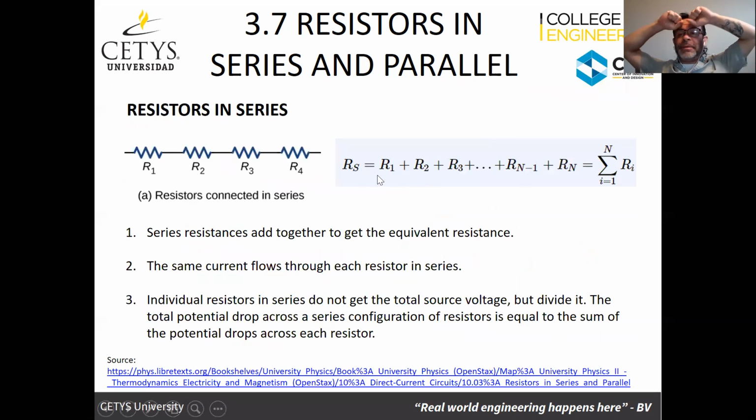Now, this is very important because it can get confusing. Resistances are governed by Ohm's law, which is V equals, and this is just math, okay? Resistances are governed by Ohm's law that says that voltage equals resistance times current.